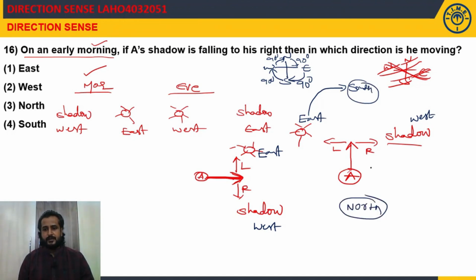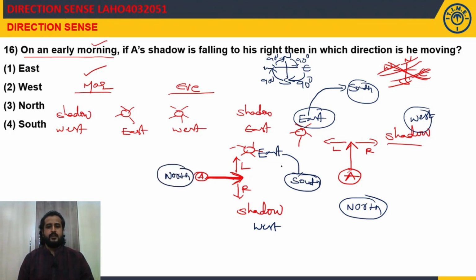Clear? So we got the four directions. In any case, our answer will remain the same.